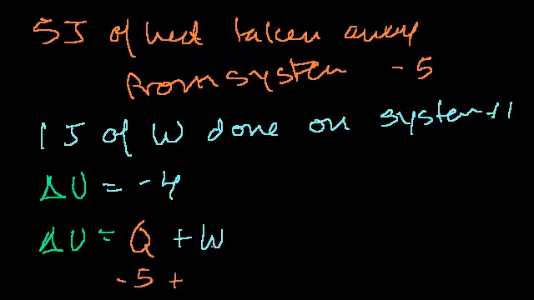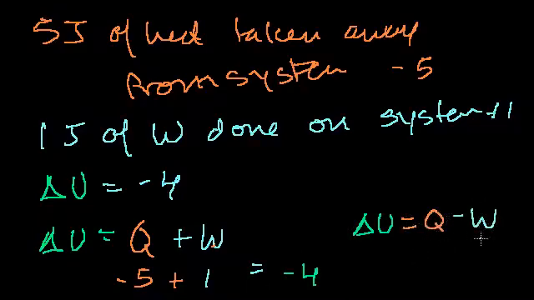Well, we have 1 joule of work done on the system. And there we get, once again, minus 4. Now, I could have written that same formula the other way. I could have said change in internal energy is equal to heat added to the system minus the work that the system does. I want to do this both ways because I don't want you to get confused.